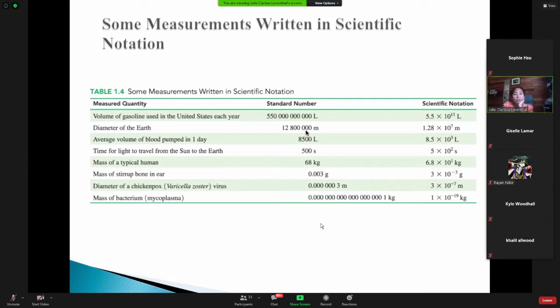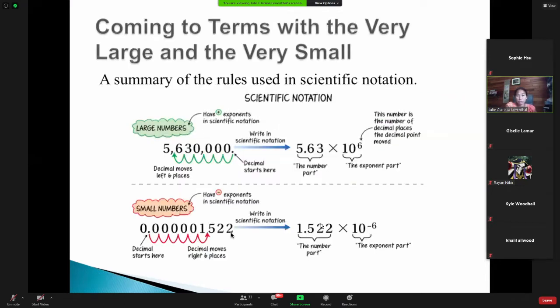The diameter of the earth, the average volume of blood pumped in one day, 8,500 liters, time for light to travel from sun to the earth, mass of a typical human, mass of the stirrup bone in the ear is really light, the diameter of a virus is really small, the mass of a bacterium. These are all numbers that we don't have to write all the zeros for if we know how to write scientific notation. And this is another slide that will help you write it.